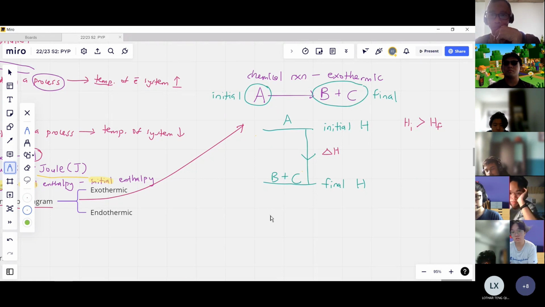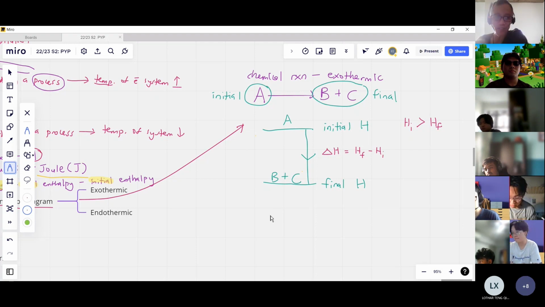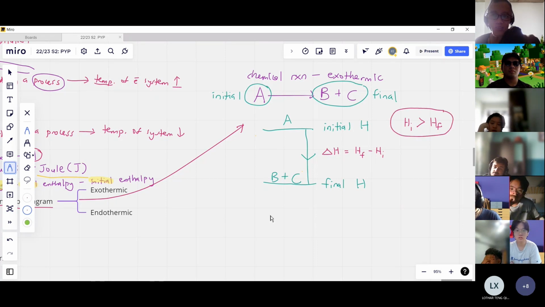So enthalpy change is final enthalpy minus initial enthalpy. Nothing new, we mentioned this earlier. What else is new? Look at this again. My initial is greater than final. The value is greater. So what does it mean?